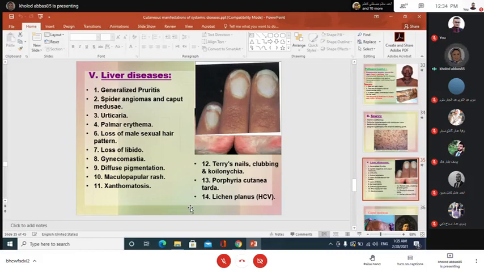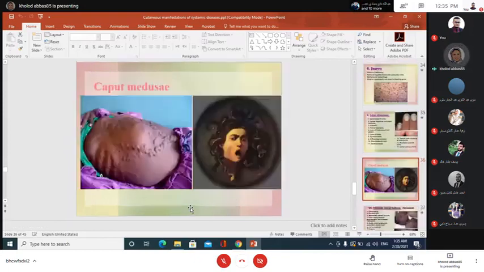We have nail changes. We have Terry's nail, clubbing, koilonychia, paronychia, porphyria cutanea tarda, lichen planus, which may be related to hepatitis C virus. Hepatitis C. Caput medusae اللي هو dilatation and tortuosity of the blood vessels.